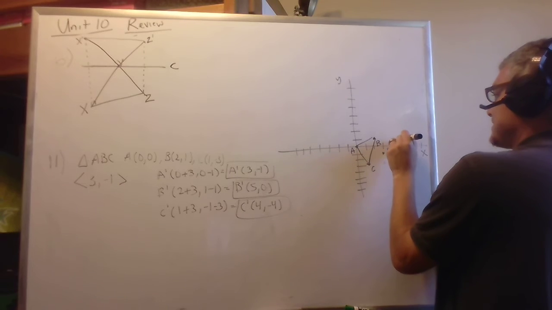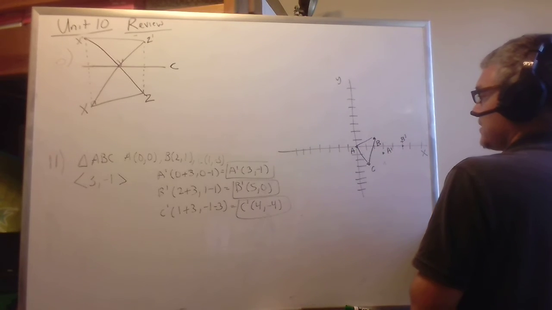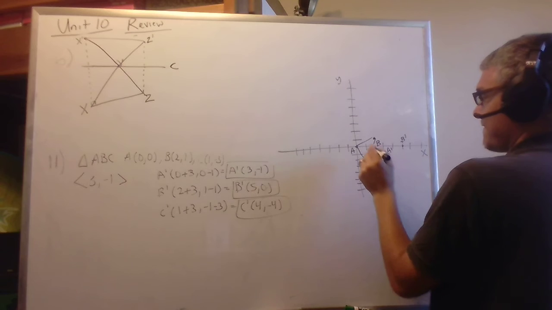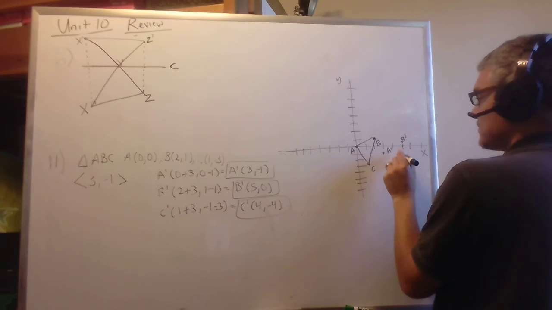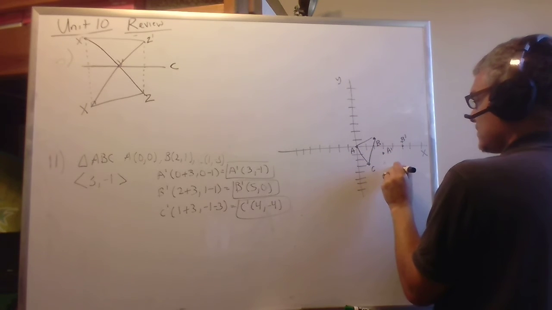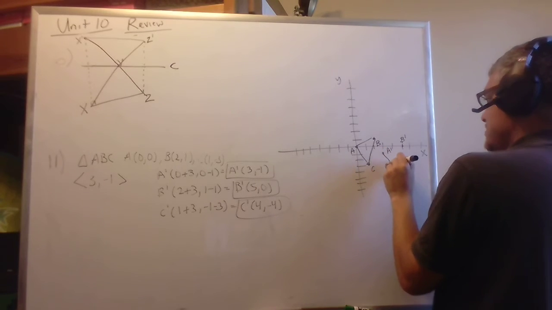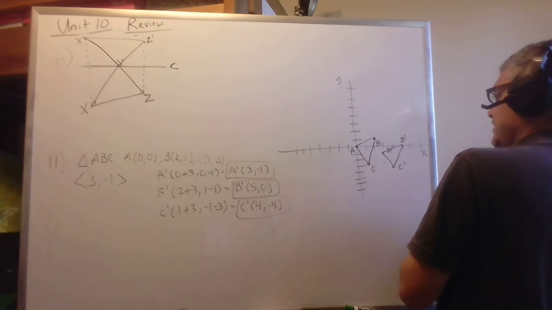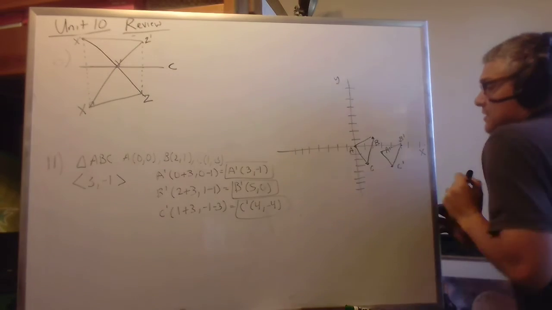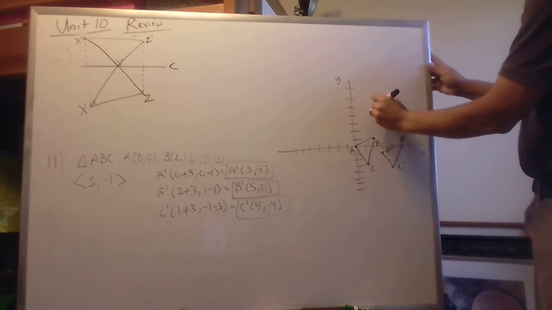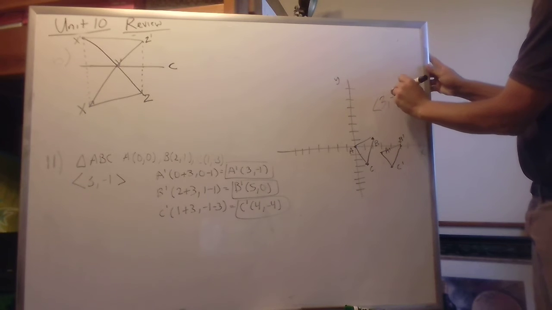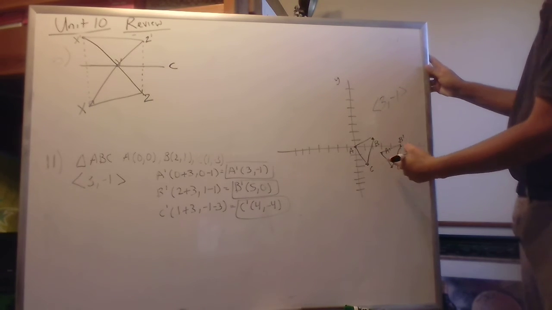So B prime is at 5, 0. And C prime is at 4, negative 4. So our new triangle is going to be right there after we translate it 3 units to the right and 1 unit down. We're going to have the new triangle right there.